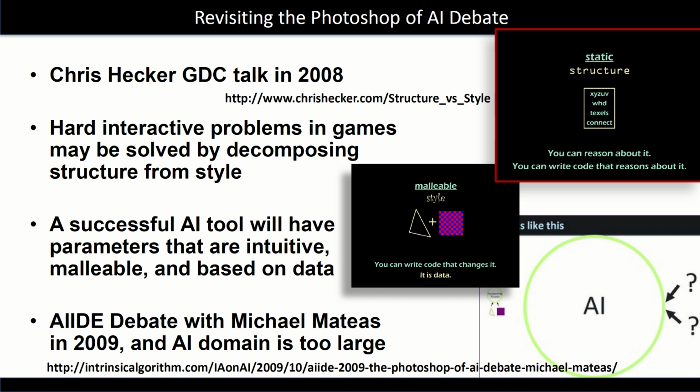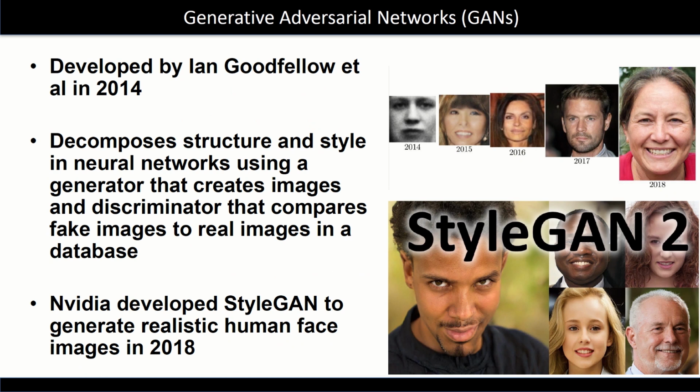In the next year, there was a debate with Michael Mateas, where he brought up the point that the domain of AI is too large for a Photoshop of AI. But he did admit that subdomains might be able to have a tool which would be similar to a Photoshop of AI. I would like to keep this in mind as we look at generative adversarial networks and how they're developing tools that artists are using.